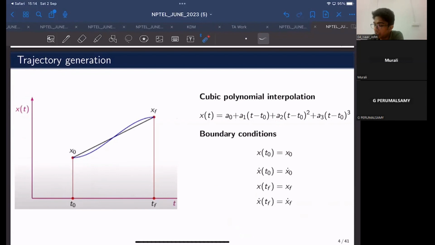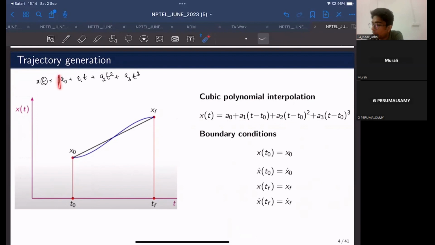So if the initial time t0 is 0, then the equation would look something like this: x of t equals a0 plus a1 t plus a2 t squared plus a3 t cubed. Right, so how many variables do we have?